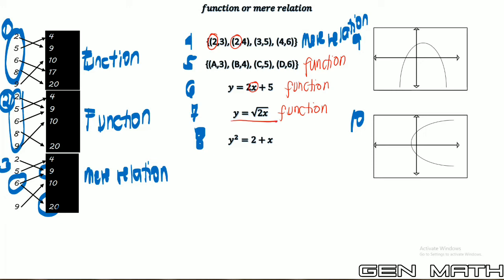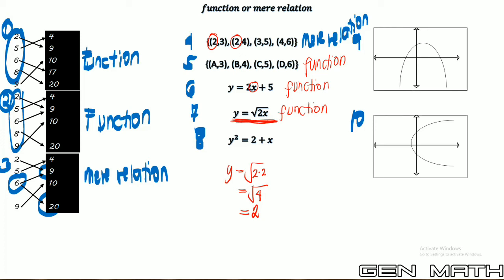Let us try to substitute a number in this equation. So let's try 2. So y is equal to the square root of 2 times 2, and that will be the square root of 4. So we're going to consider only the positive square root. So the square root of 4 is 2. Okay, so that shows that this is a function.